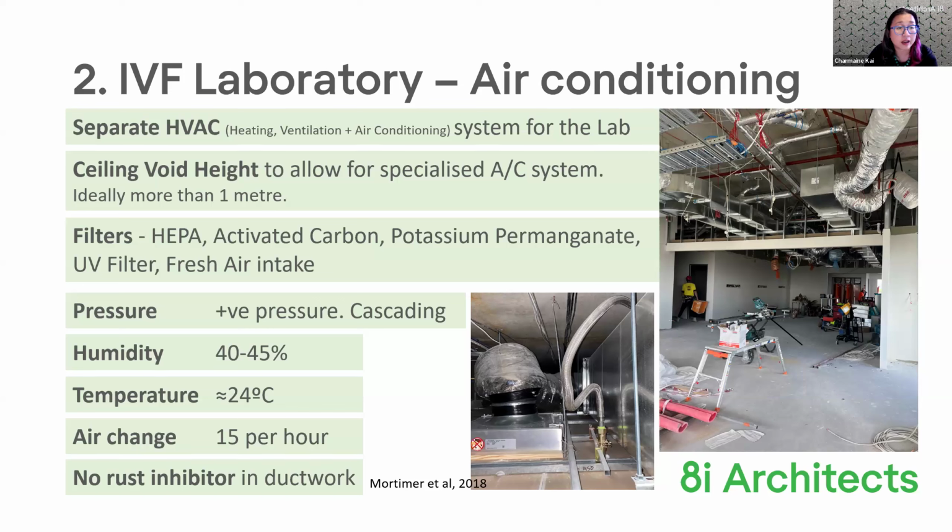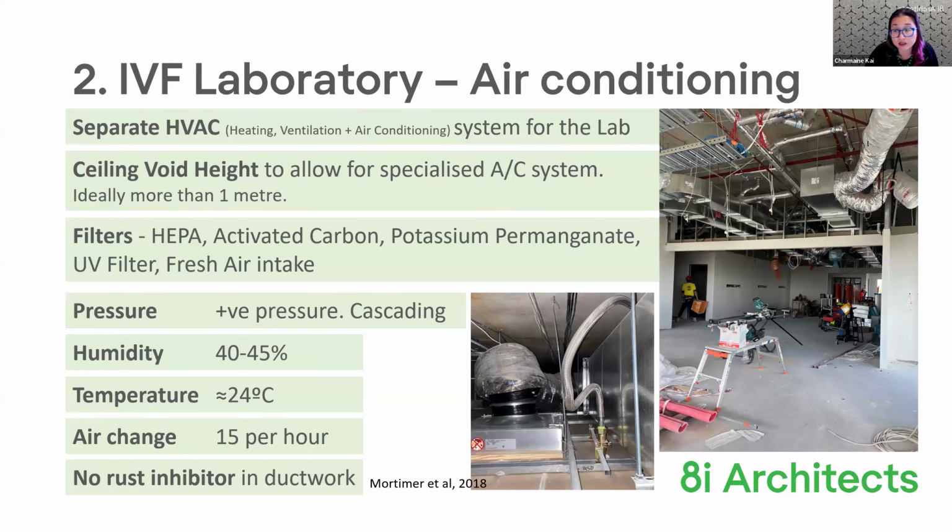So what you need to have ideally is a separate HVAC system, so a heating, ventilation and air conditioning system for the lab. A lot of times labs are co-joined with hospitals. The system for the lab ideally should be completely separate from the hospital system.